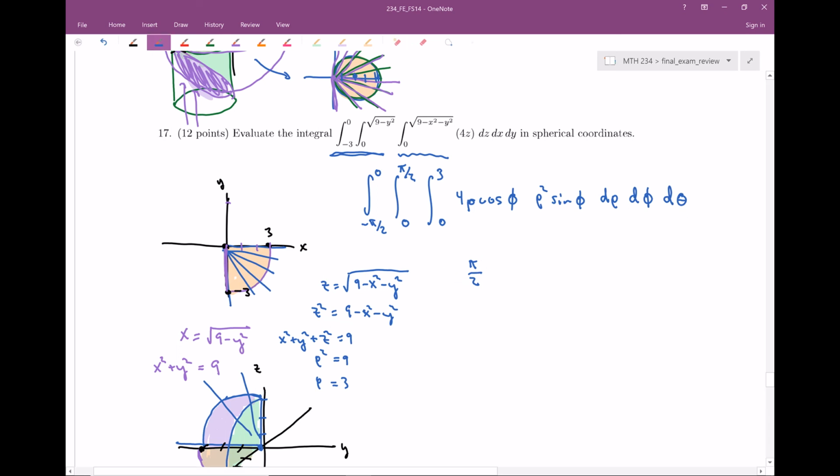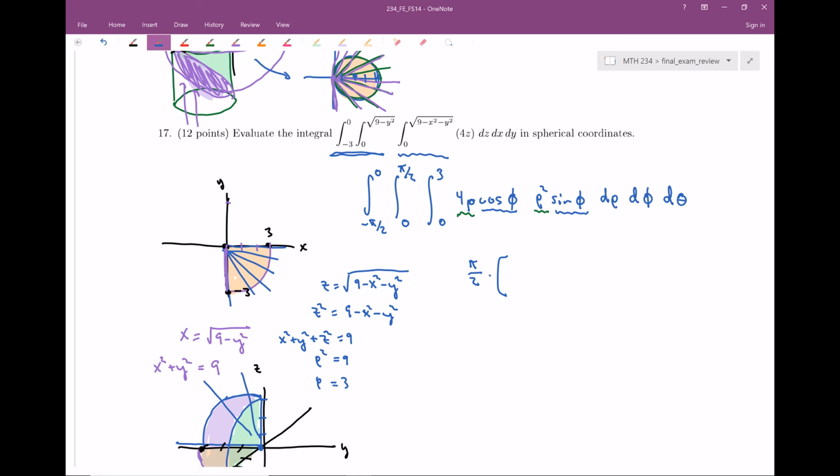All right, how about when I integrate with phi? I'm going to have cosine phi, sine phi. Notice that this is a product of a function that depends only on phi and a function that only depends on rho. So here's the stuff that maybe just depends on rho. I'm going to break these apart, and this is what enables me to do that.